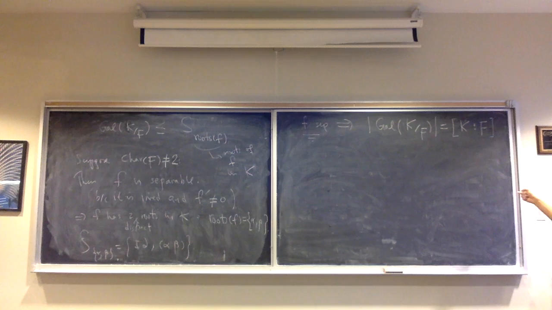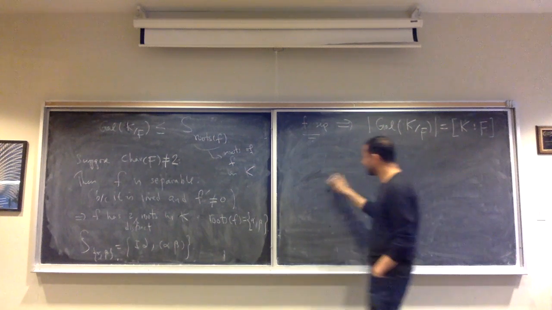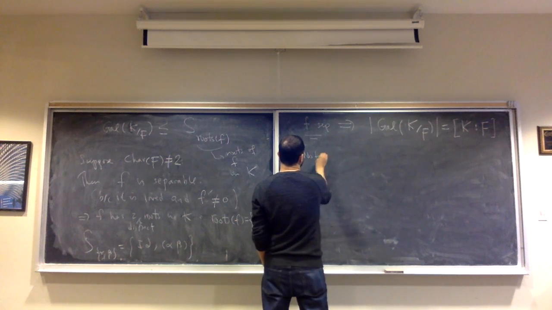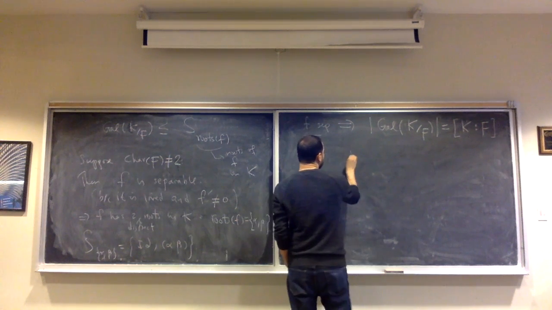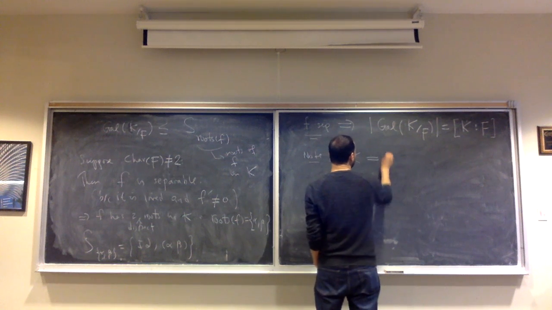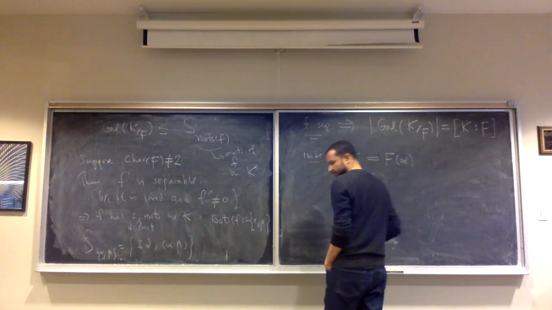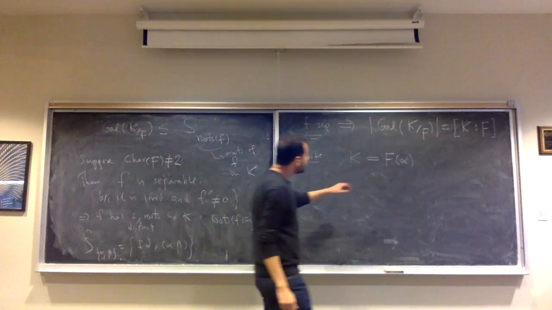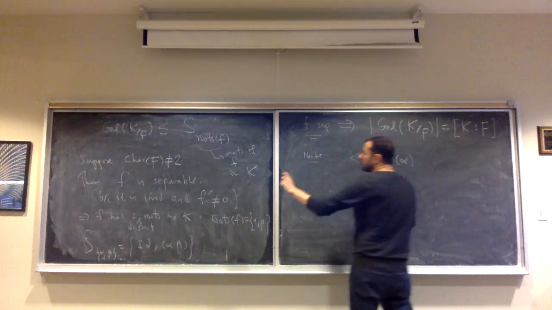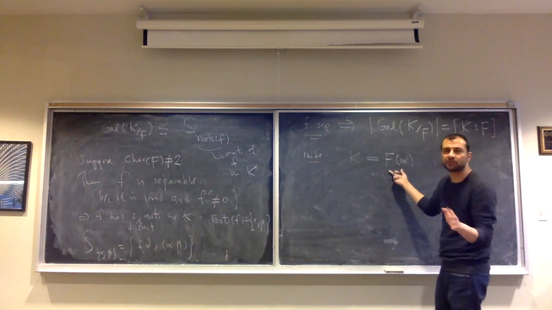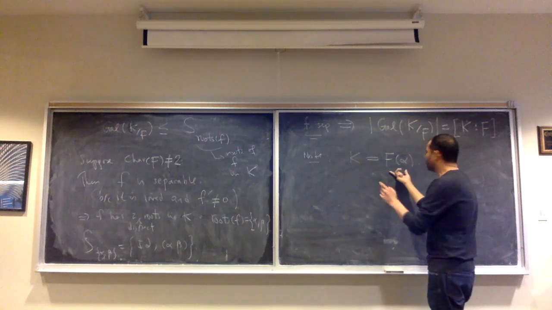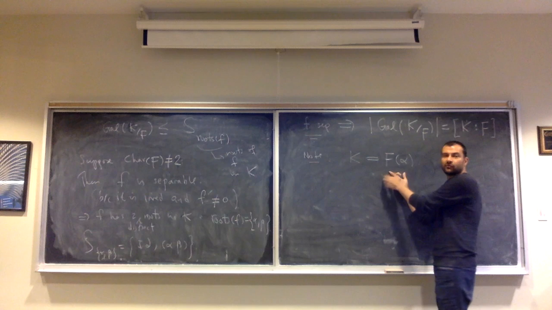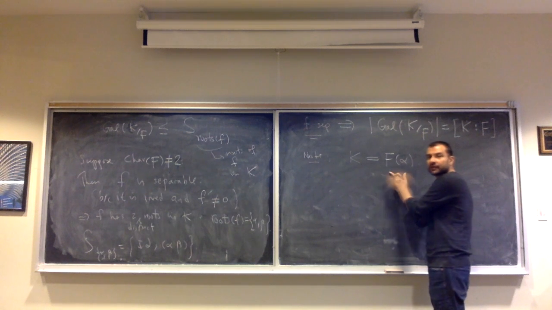But what is that degree? The degree of K over F. So note that K is equal to F(alpha). Why? Because your polynomial f is a polynomial of degree 2 with coefficients in F. Well, it has 1 root alpha here.